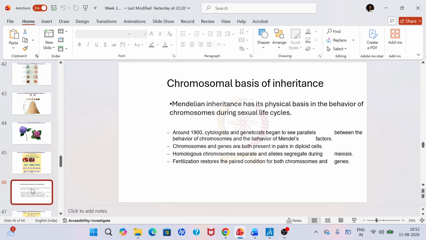According to what we have studied so far, this is the chromosomal basis of inheritance. Mendelian inheritance has its physical basis in the behavior of chromosomes during the sexual life cycle. Around 1900, cytologists and geneticists began to see a parallel between the behavior of chromosomes and the behavior of Mendelian factors. Chromosomes and genes are both present in pairs in a diploid cell.